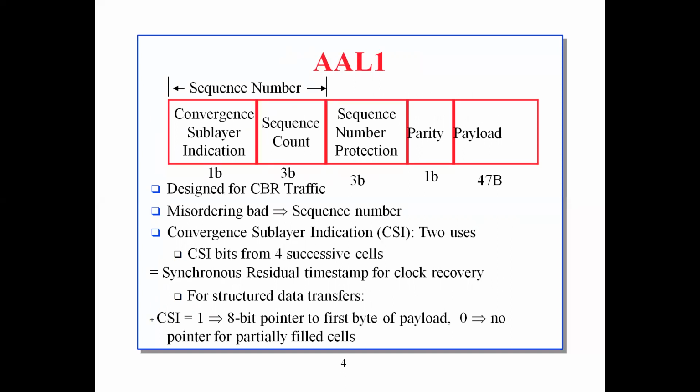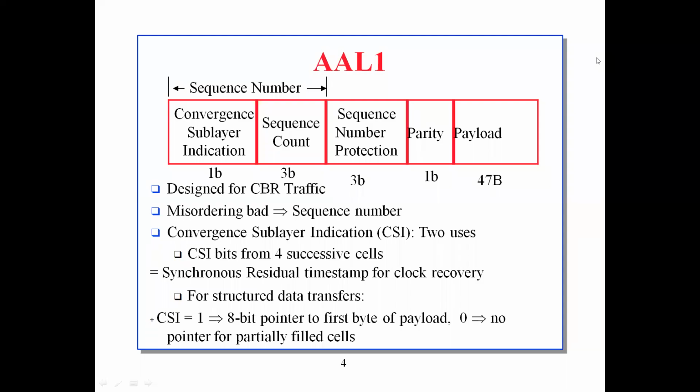The convergence sublayer indication, here you are using CAS bit for 4 successive cells. Synchronization, residual timestamp for clock recovery for structured data transfer. When CSI is 1, the 8-bit pointer to first byte of payload, 0 if no pointer for partially filled cells.